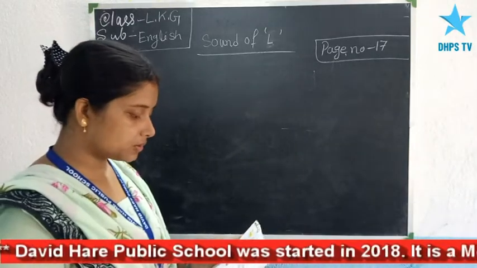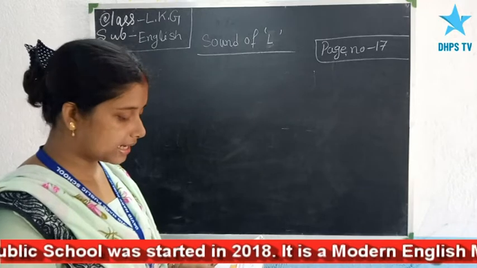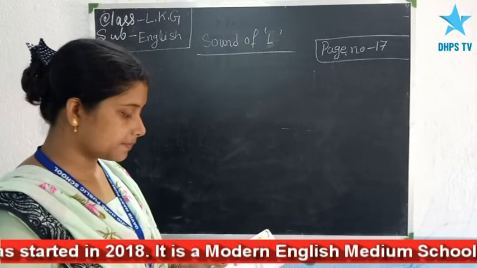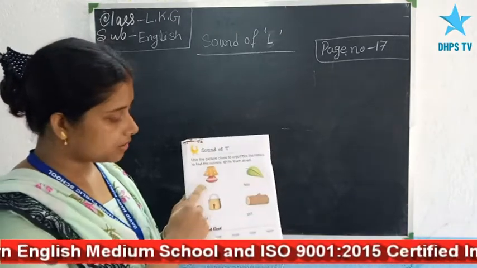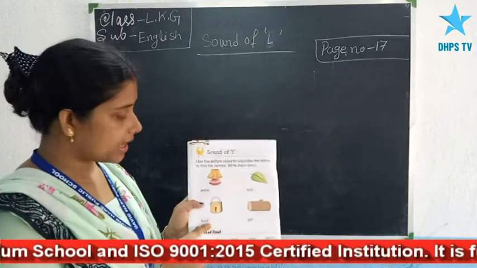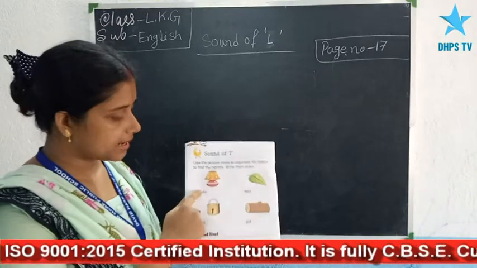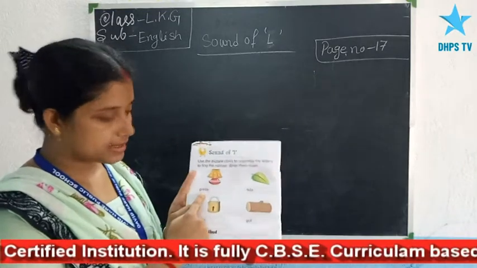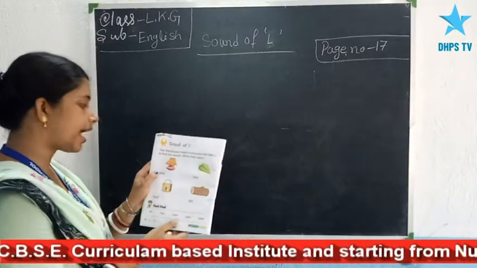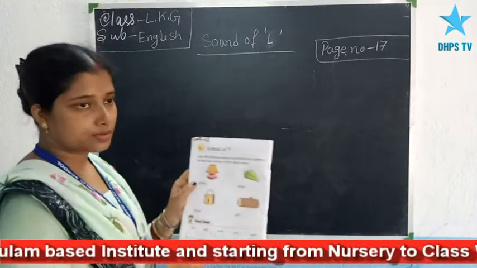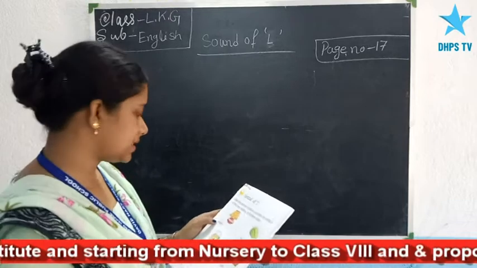Use the picture clues to unjumble the letters to find the names and write them down. Here 4 pictures are given, and you can see the names have been written but in jumbled letters, and you have to arrange the letters to form the correct name.